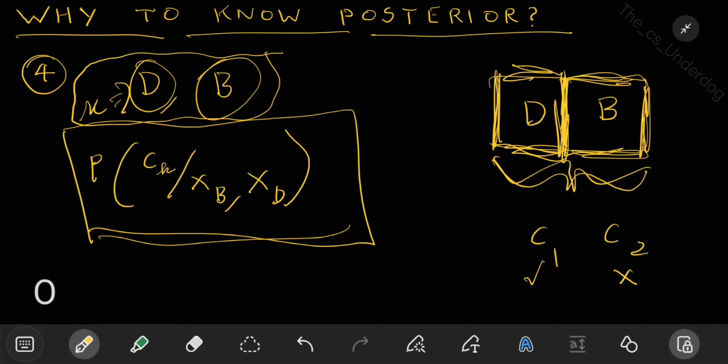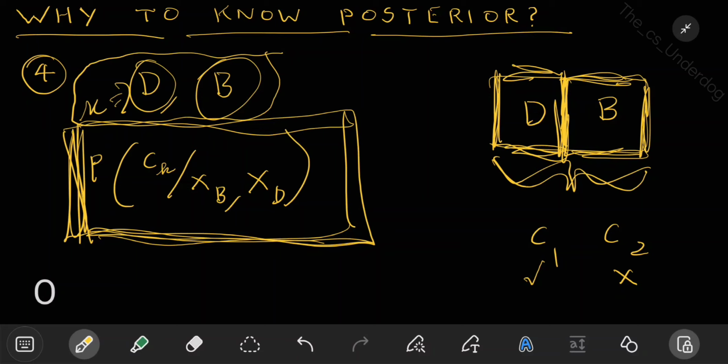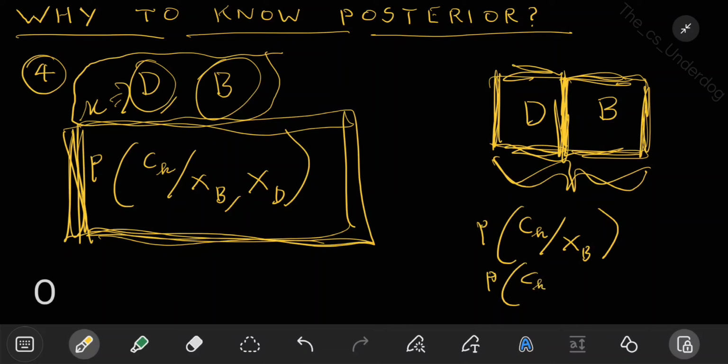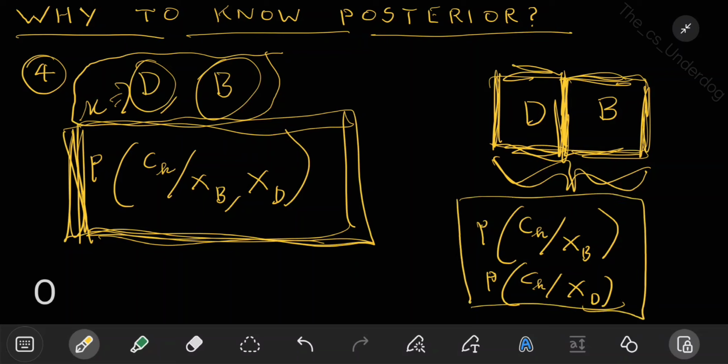If you want to do this, you should be able to find out this posterior, that is CK given XB and XD. And if you are using the smaller models, the data that you have will be P of CK given XB separately and P of CK given XD separately. So what I will try to prove now is that from these two values, you can ultimately find out this value.